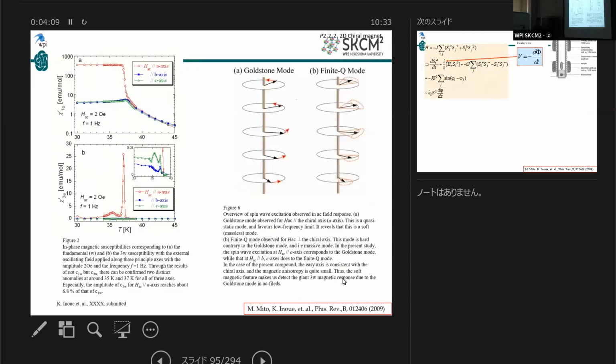This is a very typical property of chiral systems, not only magnets, but maybe liquid crystals are similar. This is a cartoon of how the Goldstone mode is generated from the chiral helical structure. And this is the extracted 3 omega, chi prime 3 omega response. Just below TC, we have a big response, almost 10% of the fundamental response of 1 omega.